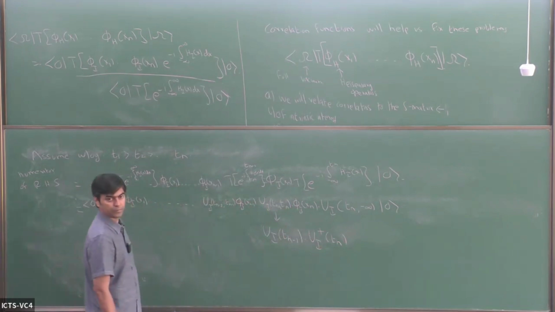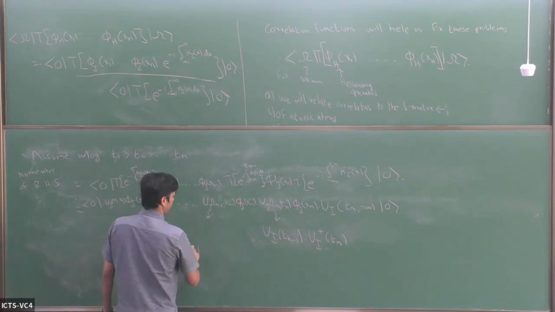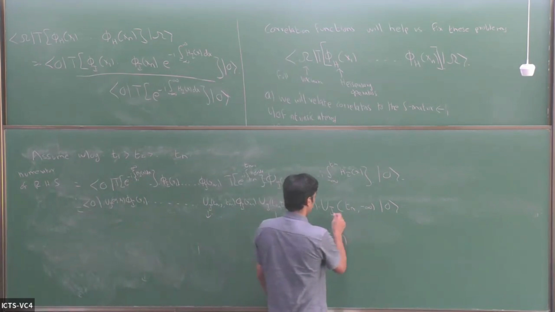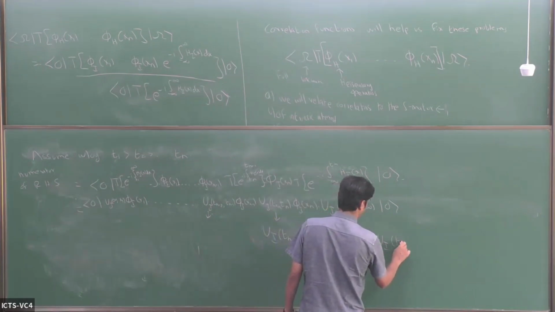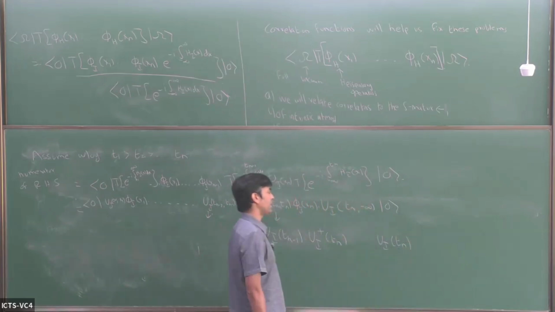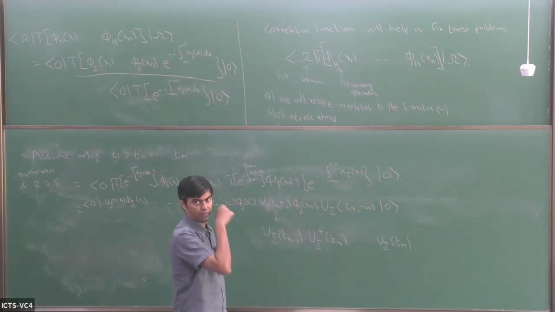This you can write as U_I of tn, and then a further evolution from t0 to minus infinity.